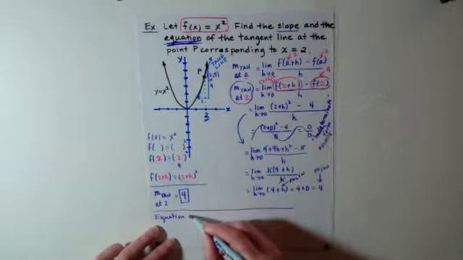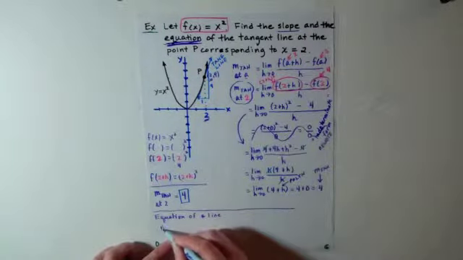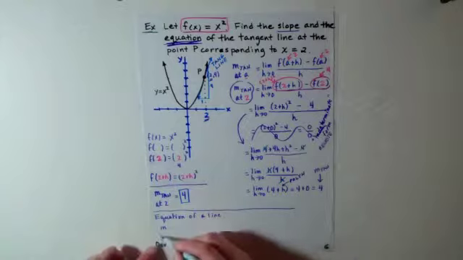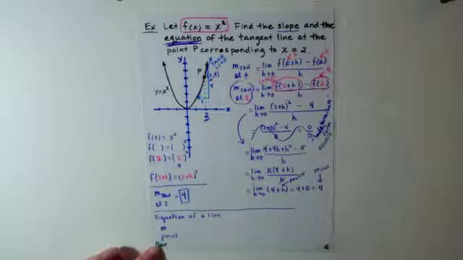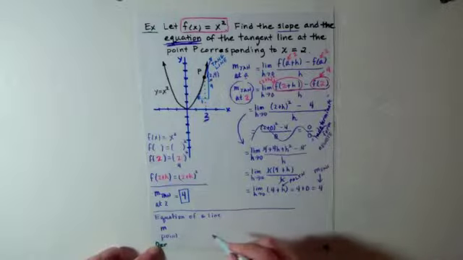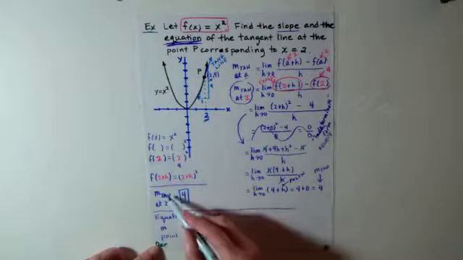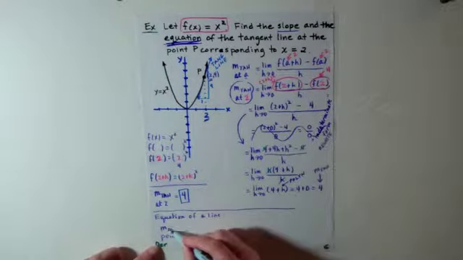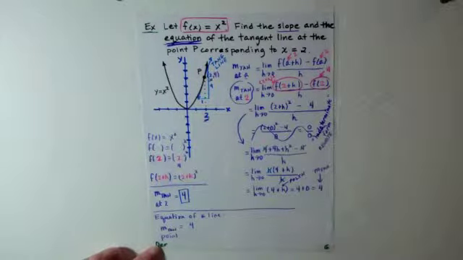The slope of that line, and a point on that line. So do we have those two things? We definitely have the slope of the line because we want the slope of the tangent line, and we just found that. The slope of the tangent line was equal to 4. So that's the slope of the line that we want to find the equation of.